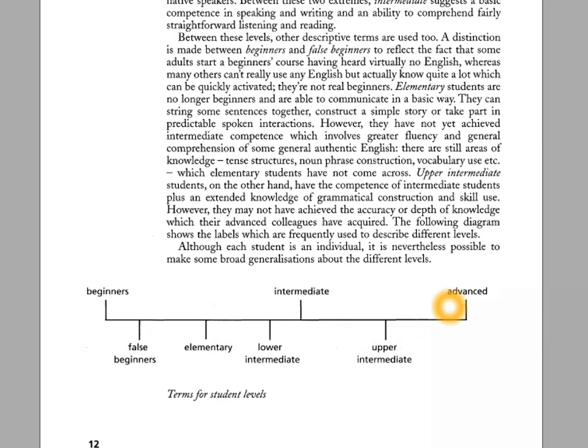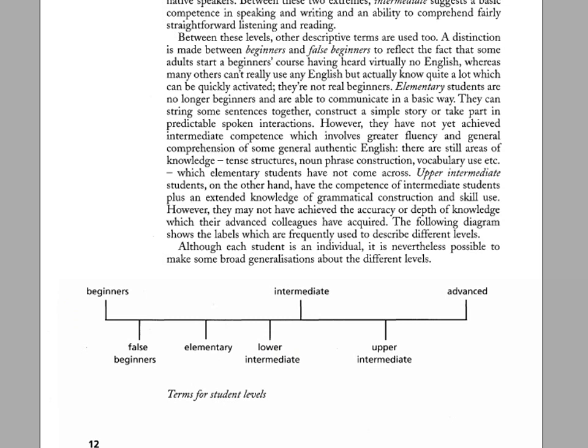So it's very important for me to understand this concept. And I say again, false beginners are not starting yet. They don't really have any basic English, or they don't have anything to share. They are not really beginners. They are below the level. That's the meaning of false beginners.